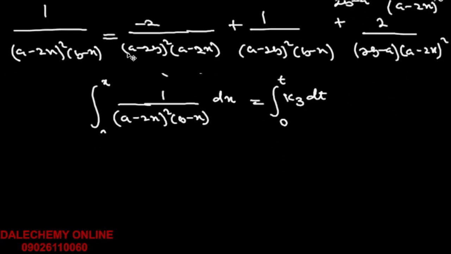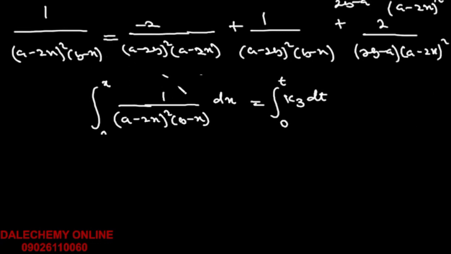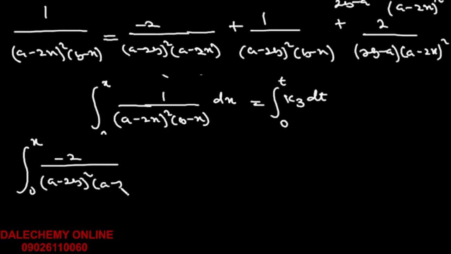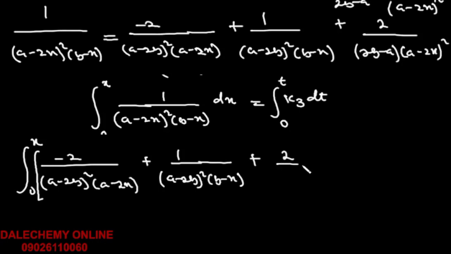Alright, so let's continue from here. Now we have to replace this expression with the integral of all these three. So it's going to be the integral from 0 to x. Now removing this expression, I'll put in the partial fractions. That will be minus 2 over (a minus 2b) squared times (a minus 2x), all this in brackets, then plus 1 over (a minus 2b) squared times (b minus x), then plus 2 over (2b minus a minus 2x) squared.